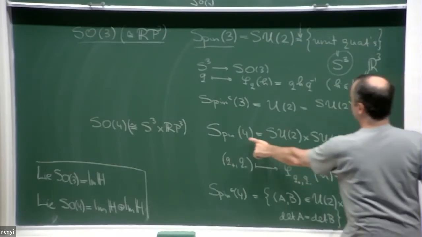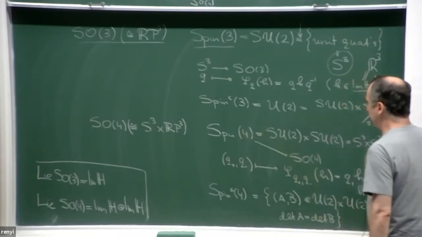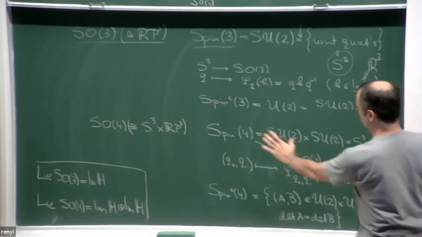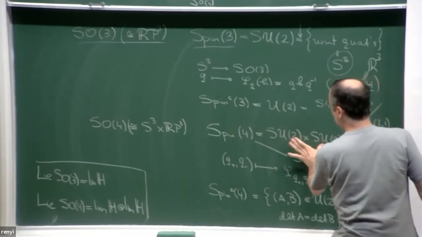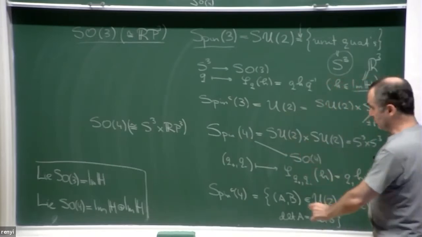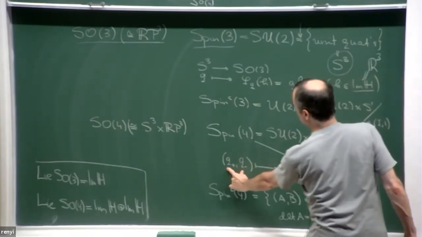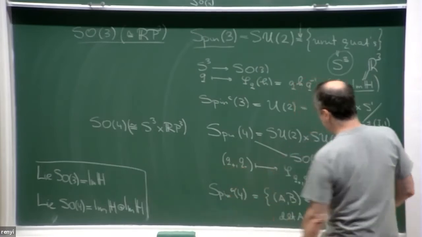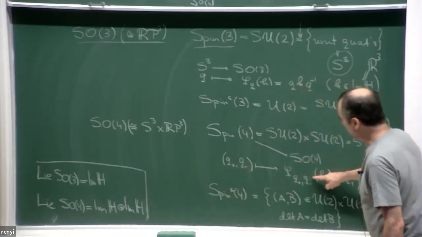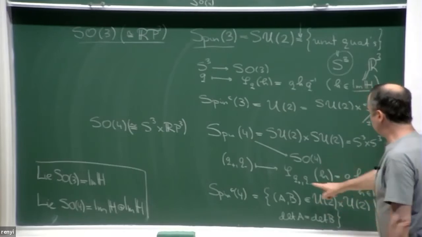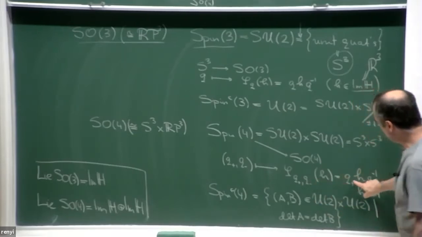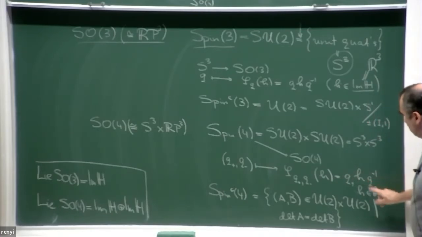And the map from Spin(4) to SO(4) can be given as follows. Remember, the group itself is a product of two SU(2)s, which are just groups of unit quaternions. So I take two unit quaternions, q plus and q minus, and I send them to the map from H to H, from R4 to R4, by sending h to q plus h q minus inverse.